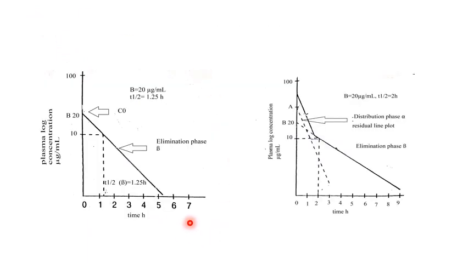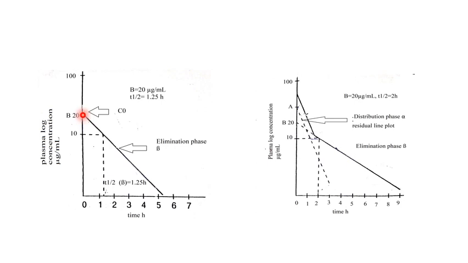Let us again have an explanation with this figure. Now this is the plasma concentration time curve, and it is decreasing. This is the elimination phase, and when we extrapolate it towards the y-axis, we get the concentration at the 0 point, C naught or B, that is 20.